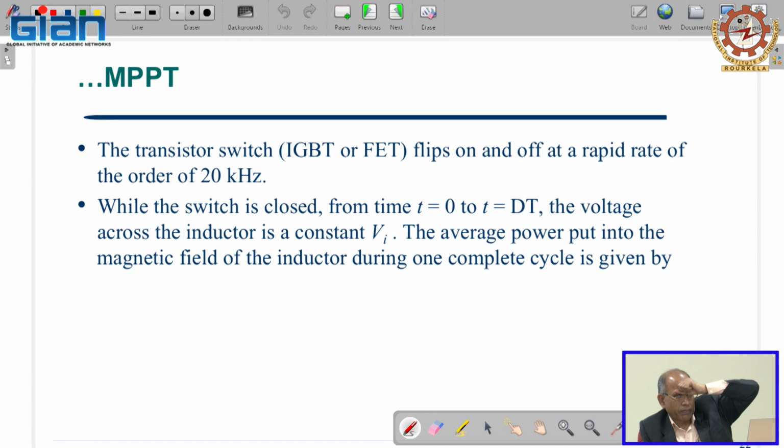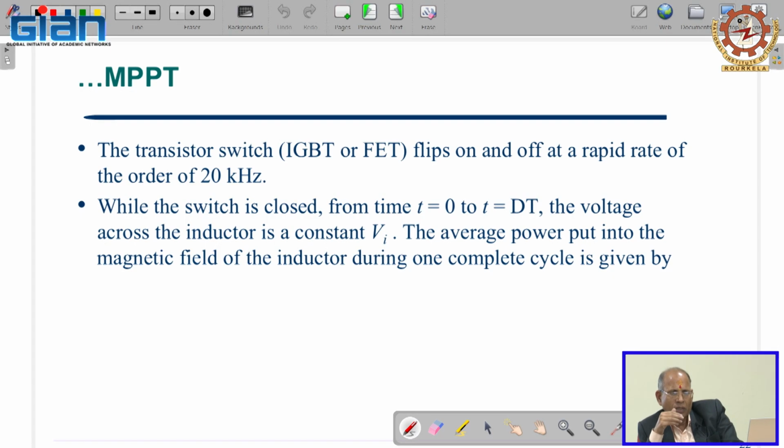this transistor switch, my apology, this electronic switch based on the IGBT or FET, field effect transistor. So it flips on and off at a rapid rate, 20 kilohertz. This is not the ordinary switch, but it flips on and off rapidly.